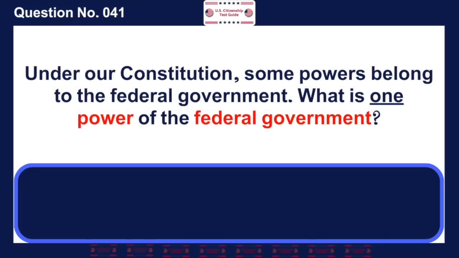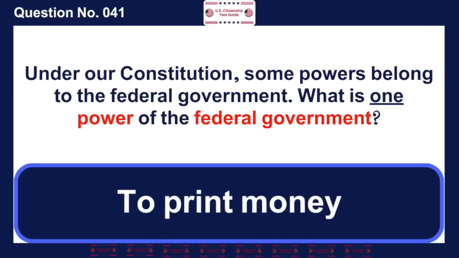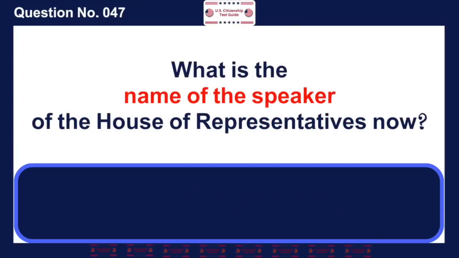Under our Constitution, some powers belong to the federal government. What is one power of the federal government? To print money. What is the name of the Speaker of the House of Representatives now?